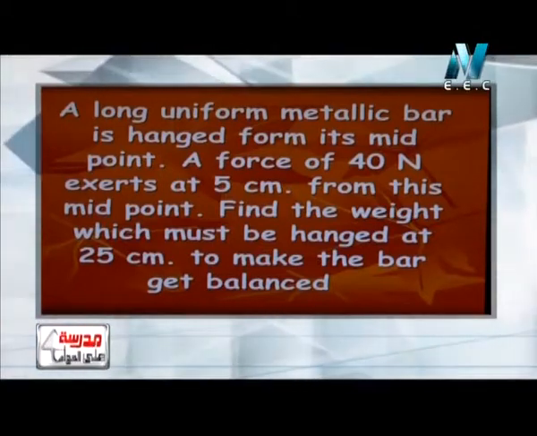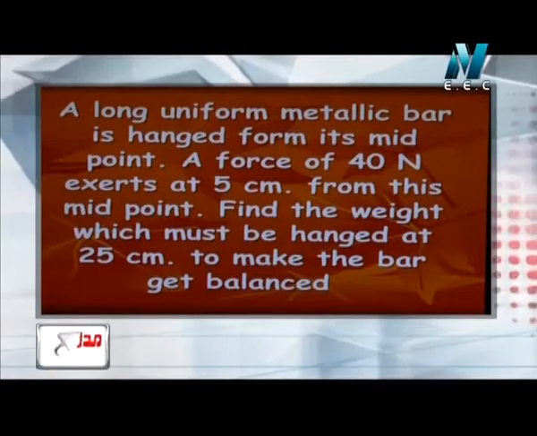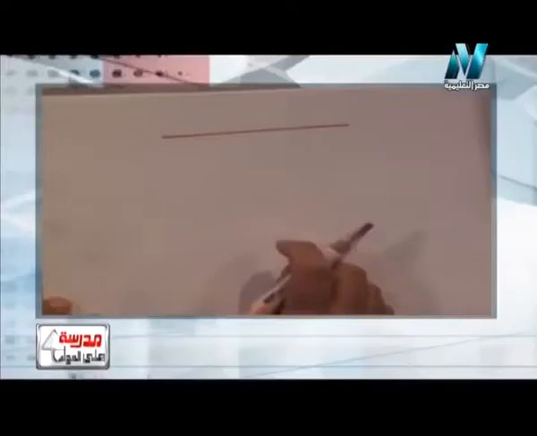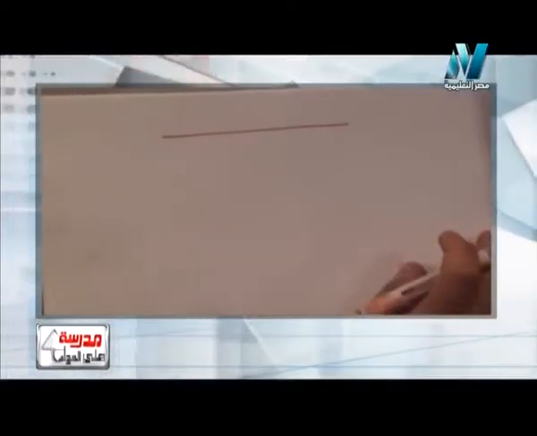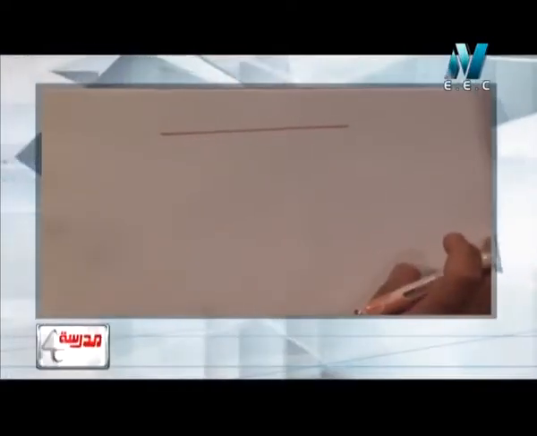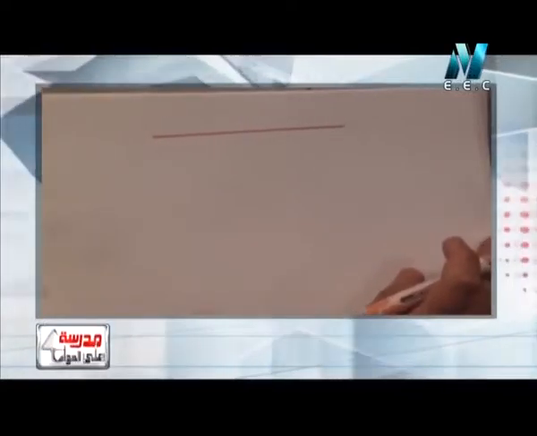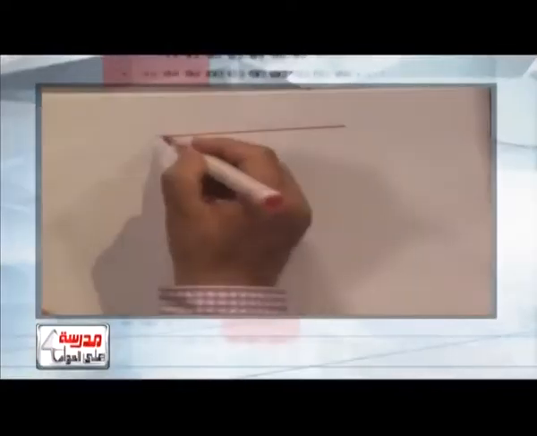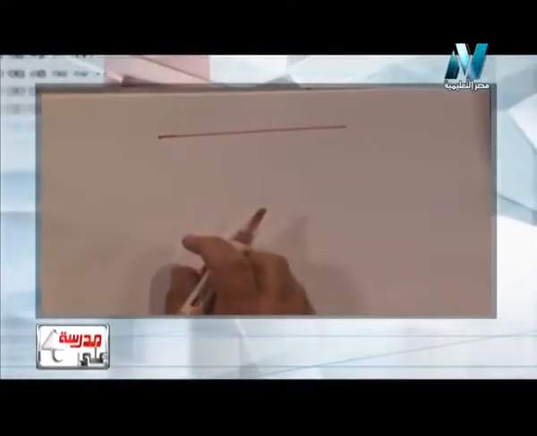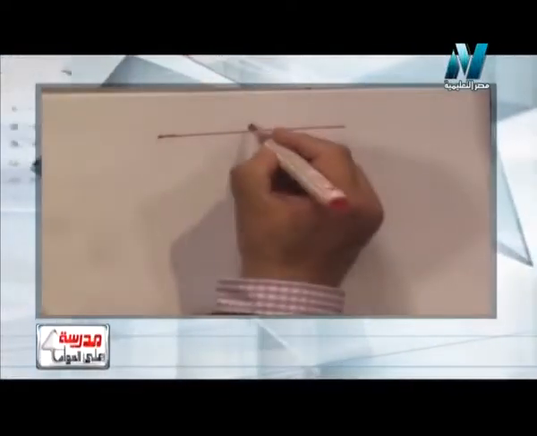So now let me draw this problem at first, then write the law. Look here. I have a long uniform metallic bar, a metallic bar with the same thickness throughout.